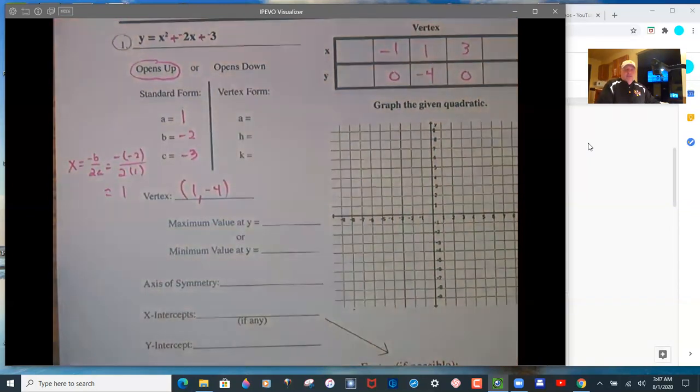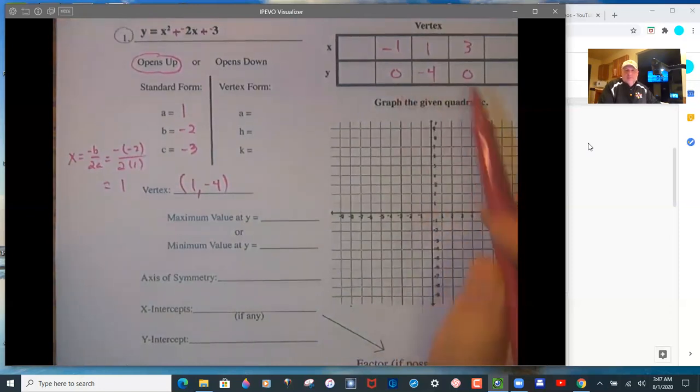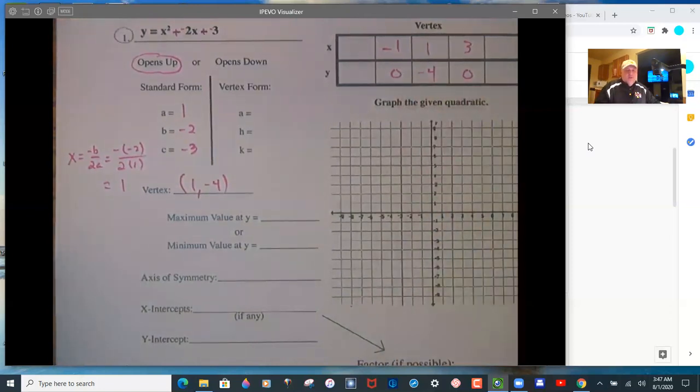So if you have zeros on the table, those are the x-intercepts. Now they don't always appear on the table, but for most of the problems that we do, they will appear. So I usually look for those.